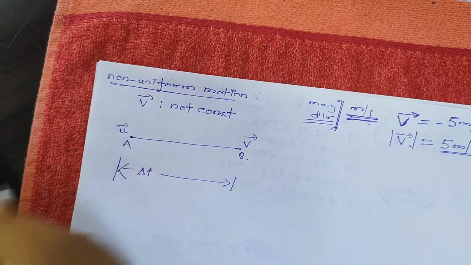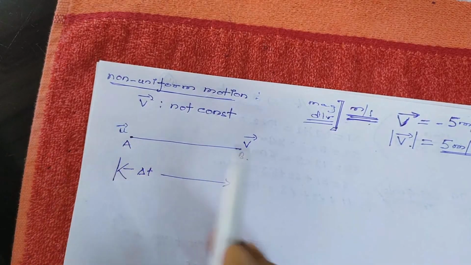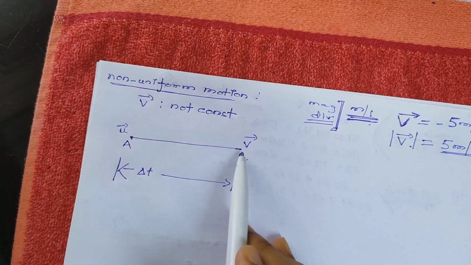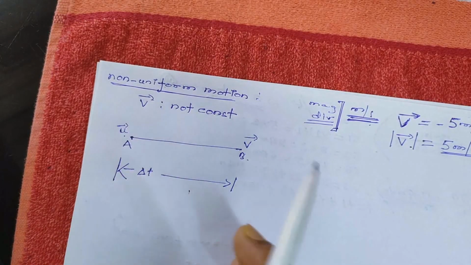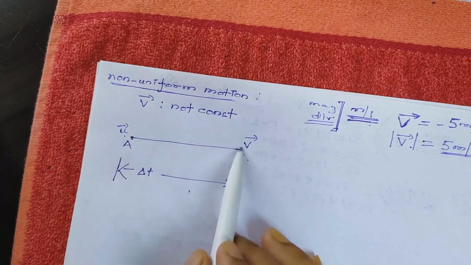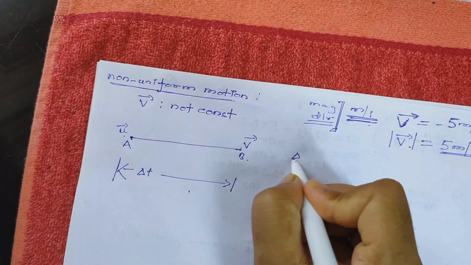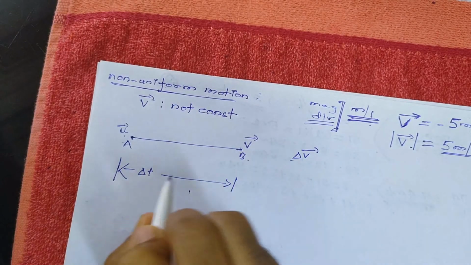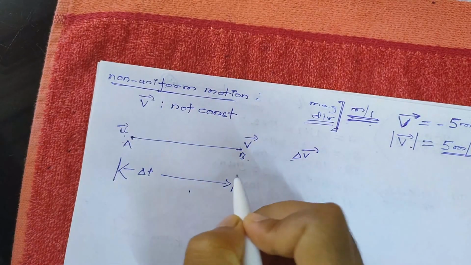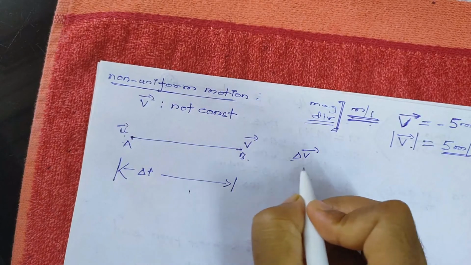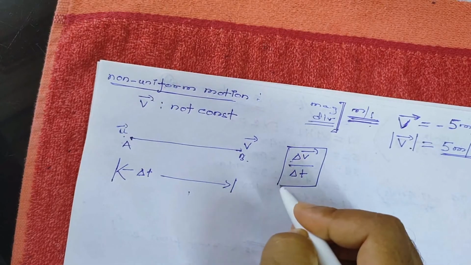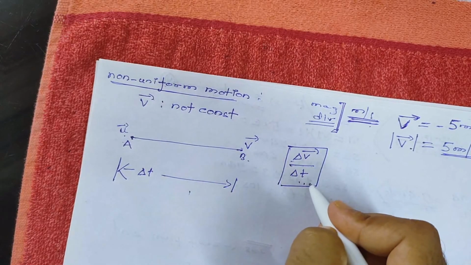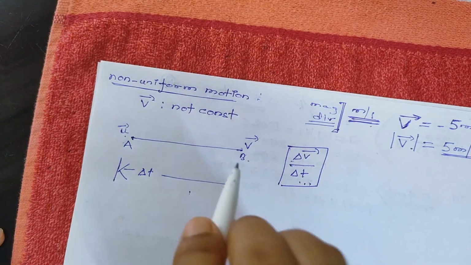I repeat, the object started from A, reached B, initial speed is u, final speed is v, time spent is delta t. So there is a delta v over a period of time delta t. This delta v by delta t is called acceleration. If I ask you to calculate acceleration, you can calculate it.